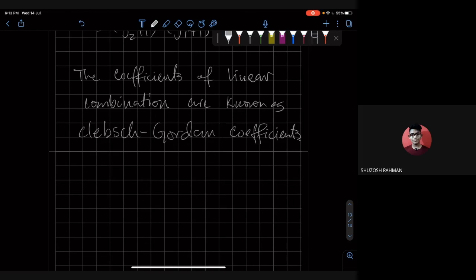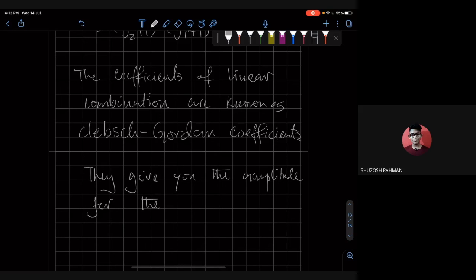And what do they mean? They give you the amplitude for the correlation of the two component angular momenta.